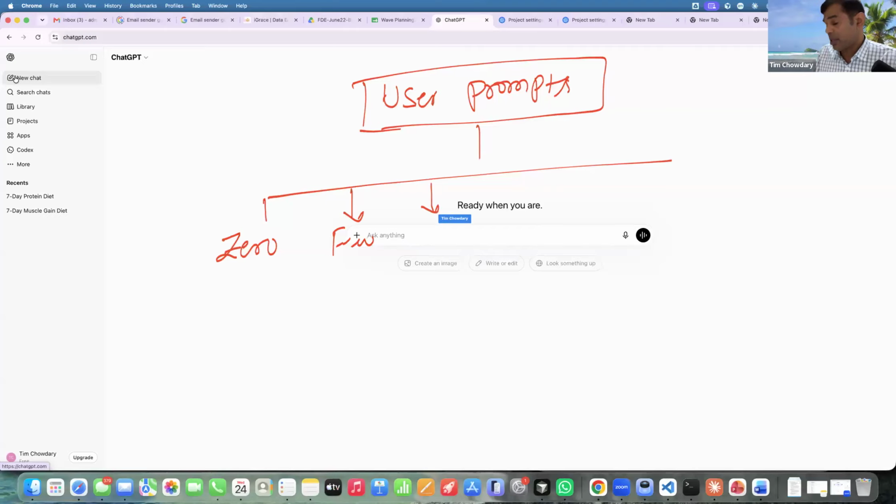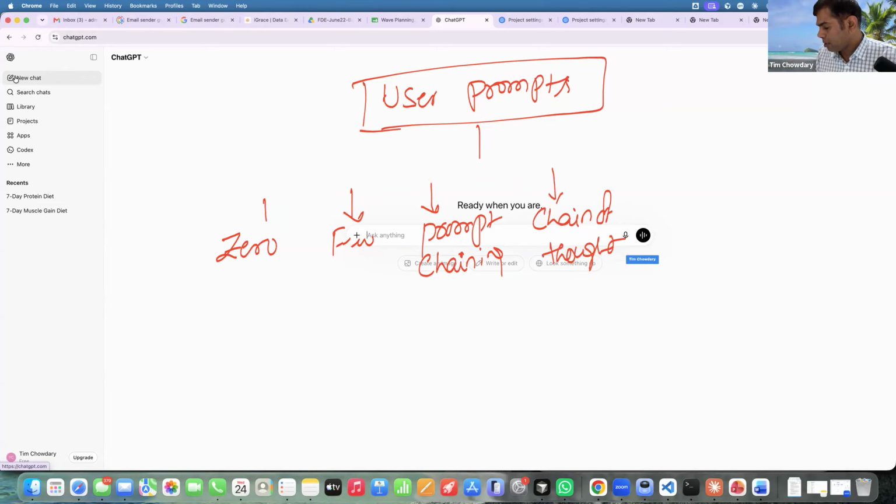The other one is prompt chaining. The other one is chain of thought.